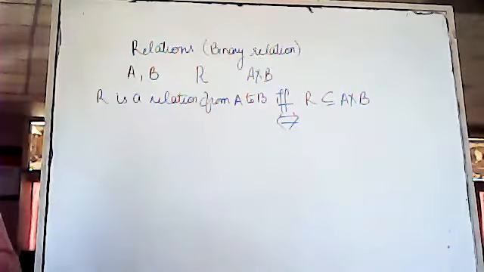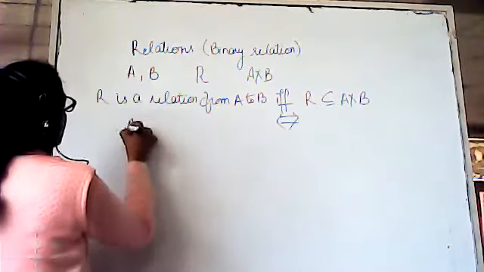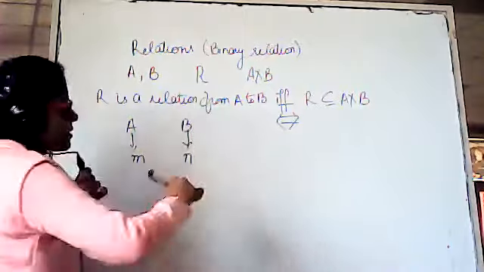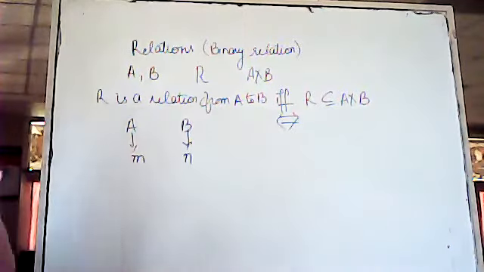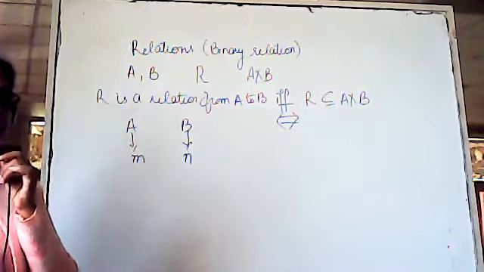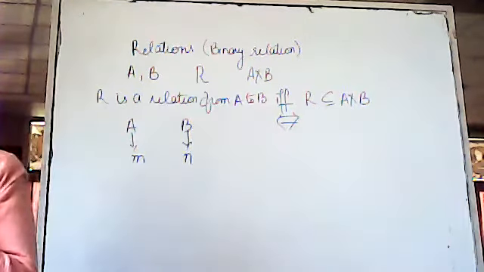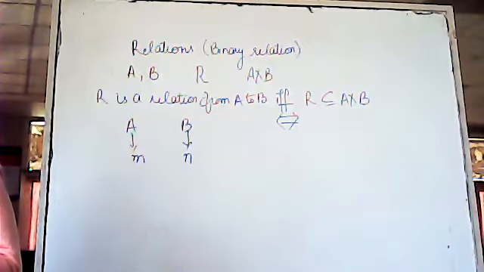Let A and B be two non-empty finite sets containing M and N elements respectively. Respectively means the set A is having M elements and the set B is having N elements.